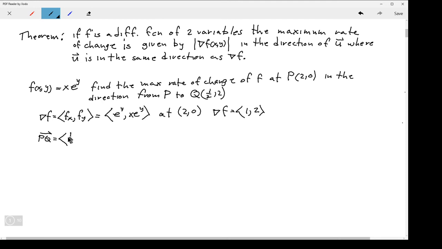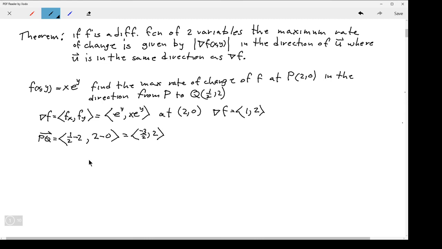So Q minus P ends up being negative 3/2, comma 2.